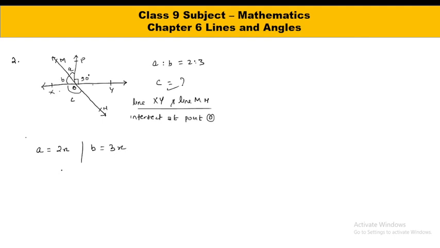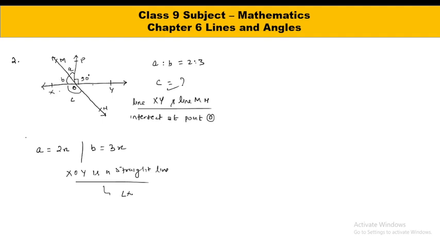So angle A plus angle B. Already we can see that XOY is a straight line. It means that the angles present above the line, if summed, will be 180 degree.